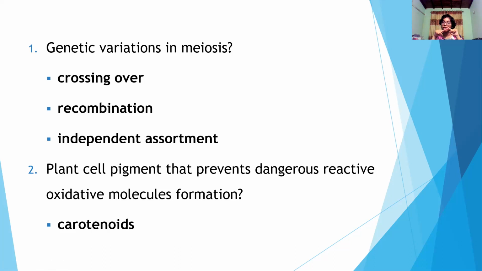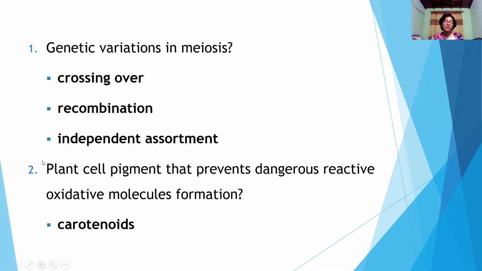Then there is recombination, and of course independent assortment. Chromosomes change their places in the cell, so that when they are divided into opposite poles, it causes genetic variations. Independent assortment is another main reason for genetic variations during meiosis.